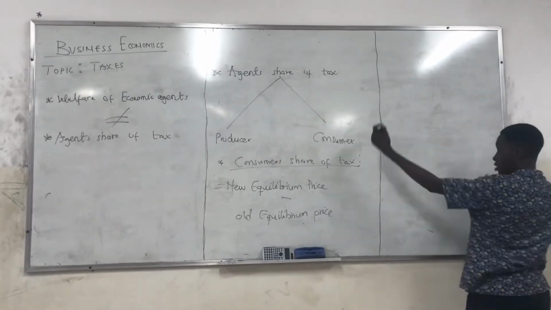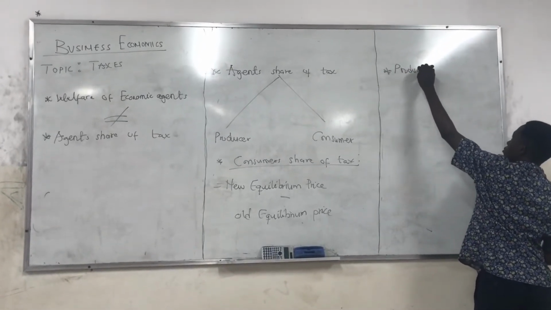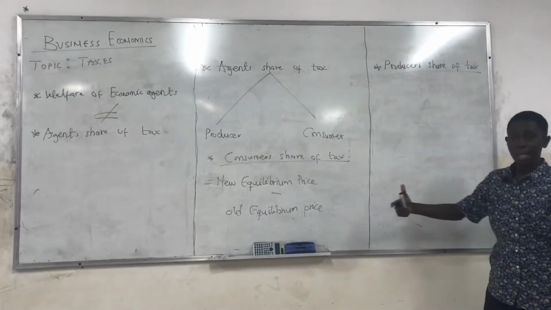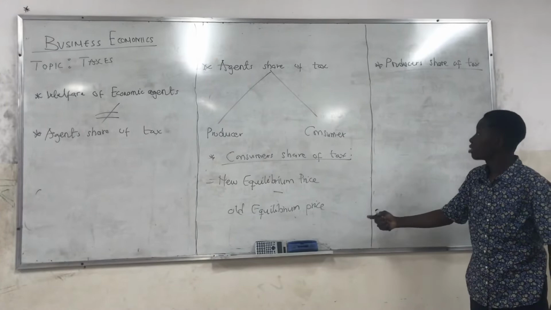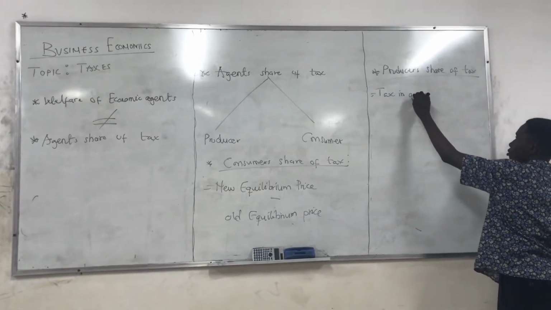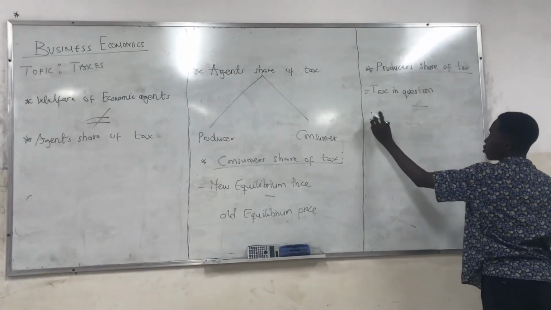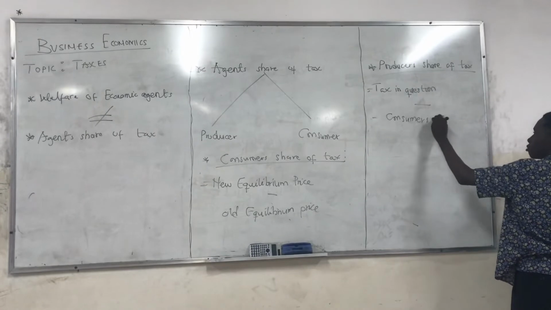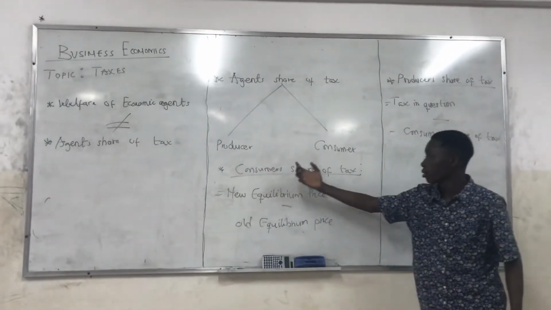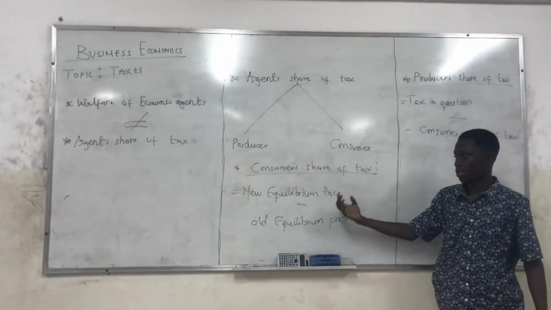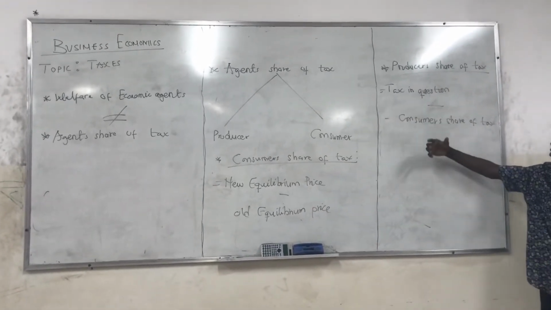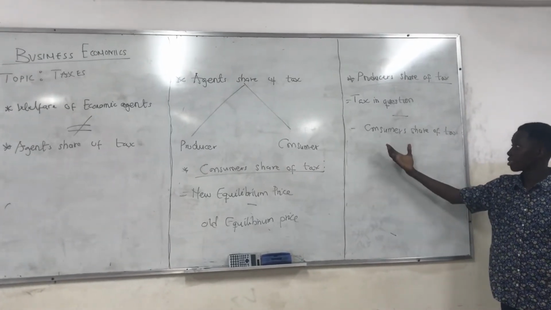So let's move on to the producers' share of tax. With the producers' share of tax, it is the tax in question or the subsidy in question minus the consumers' share of tax. So basically, for the agents' share of tax, you have the producer and the consumer. This is how to calculate the consumers' share of tax: your new equilibrium price, as a result of the tax or the subsidy, minus your old equilibrium price. Then the producers' share of tax is the tax in question or the subsidy in question minus the consumers' share of tax.